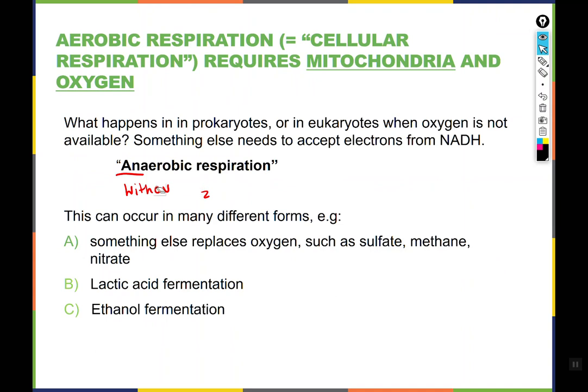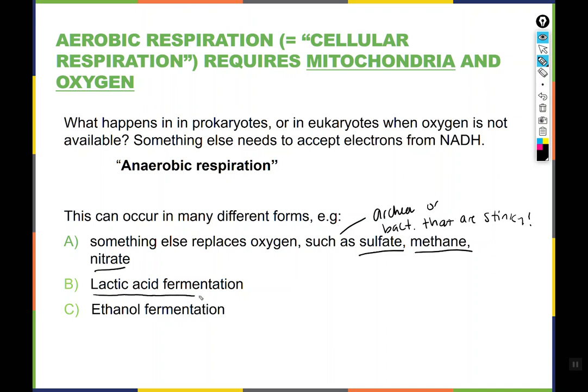So one form that I kind of obliquely mentioned earlier was the idea that for some organisms there isn't oxygen around, so they use sulfate or methane or nitrate as the final electron acceptor. So these tend to be archaea or bacteria that make stinky byproducts.